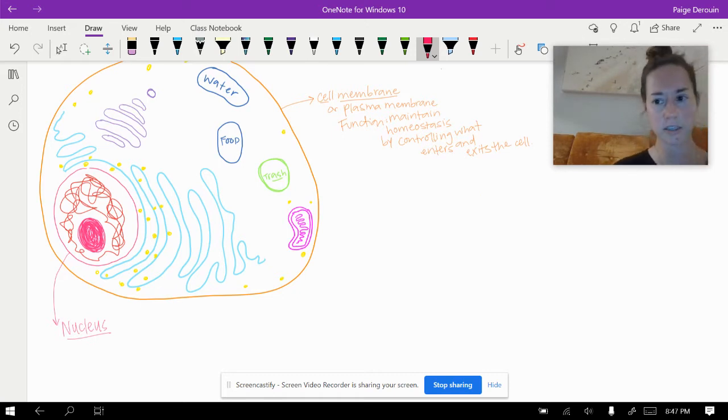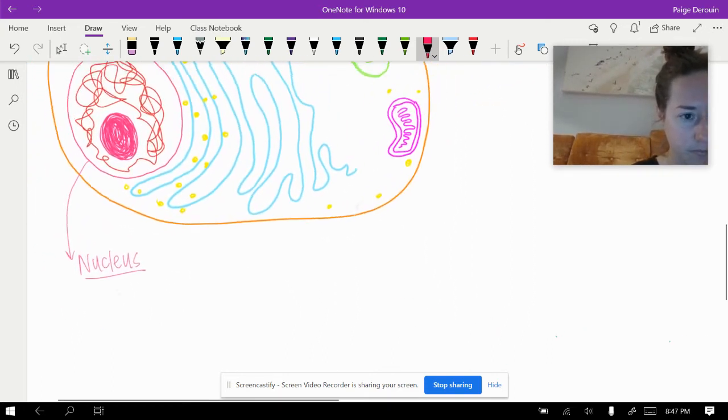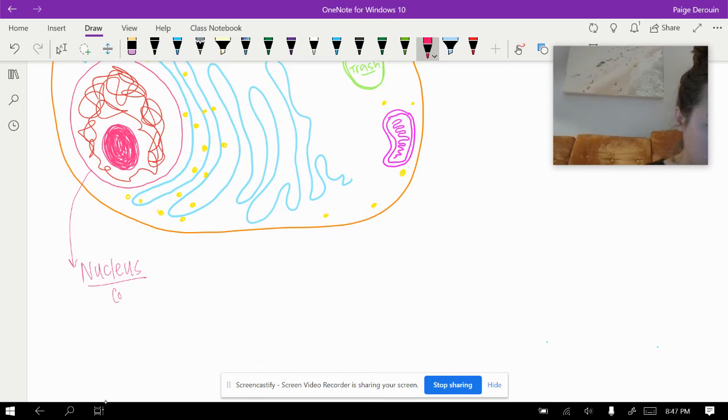And the nucleus is where the DNA is contained. It contains DNA, so it's really like the control center of the cell.